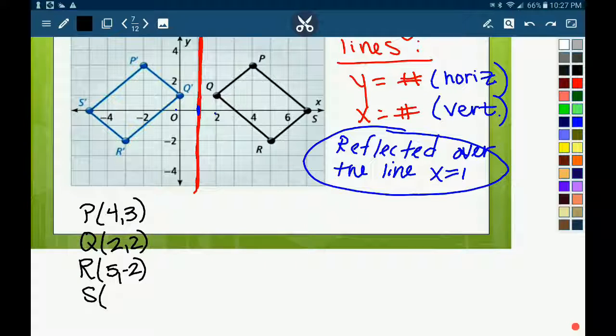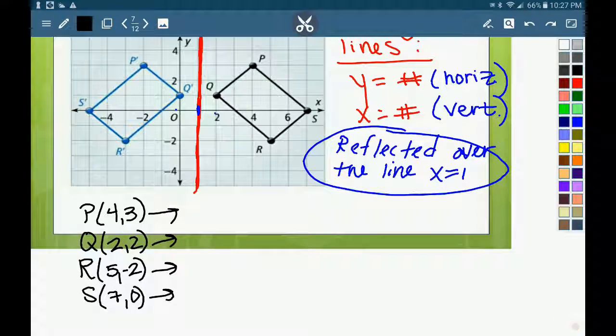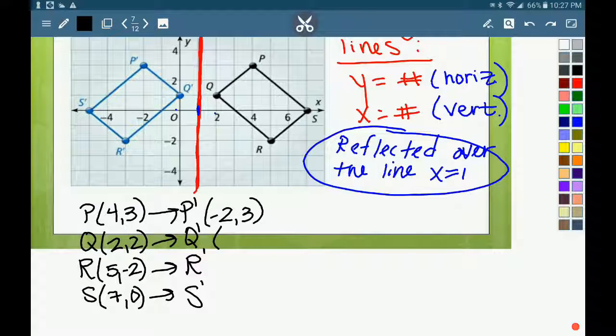And S is at 7, 0. Goes to, put arrows in between them all, P prime, Q prime, R prime, and S prime. P prime moved to negative 2, 3. Q prime moved to 0, 1.